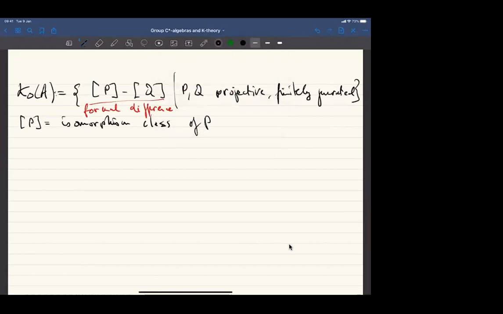But there is also a relation, namely addition will be the direct sum, a relation that we impose on a certain free abelian group. And the sum in the K group corresponds to the direct sum of projective modules. But the differences are formal. You cannot subtract two modules on the nose from each other. So we complete the projective modules into this group K0 of A. Okay.